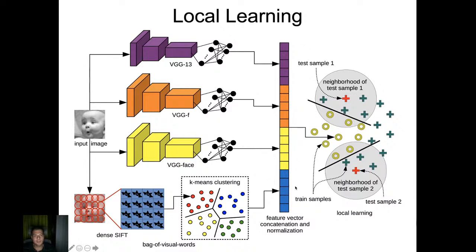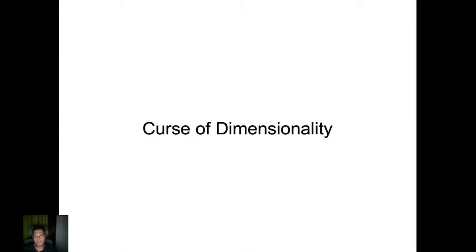But then instead of applying a global learning algorithm, we applied local learning and we obtained some performance improvements of 2% or 3%. Okay, so this was a short note on local learning.